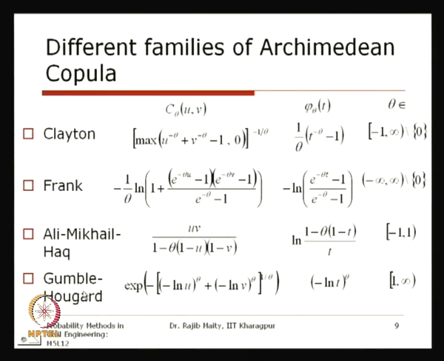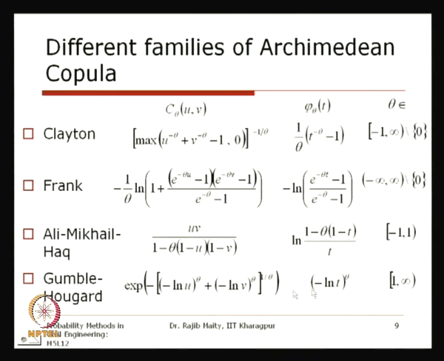And the last one is the Gumbel-Hougaard copula, whose form is exponential of minus the quantity minus log natural u power theta plus minus log natural v power theta, whole power 1 by theta. Its generator is minus ln t power theta, and its range of dependence is 1 to infinity.